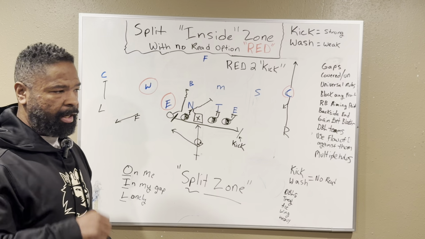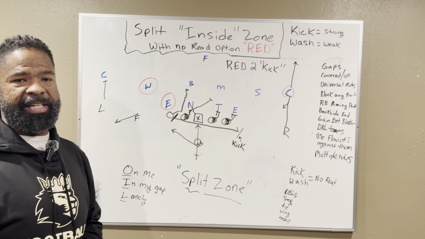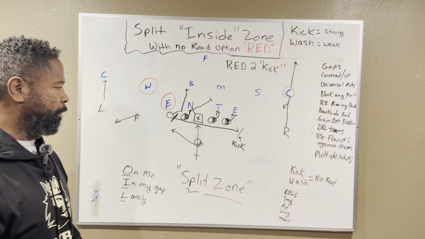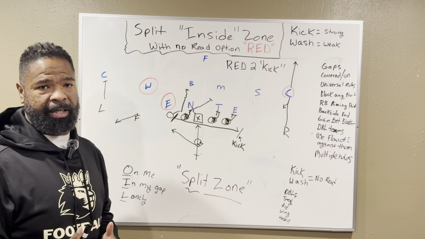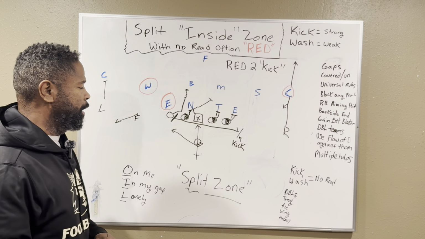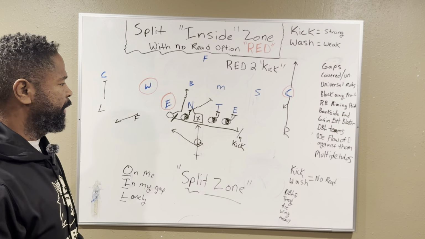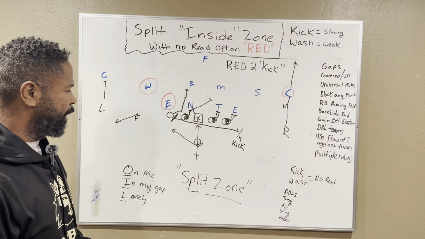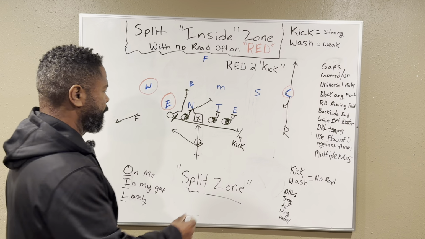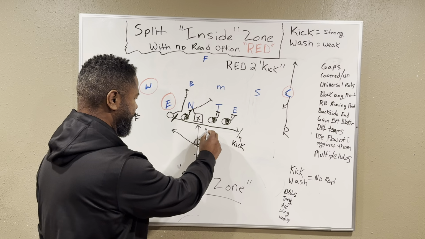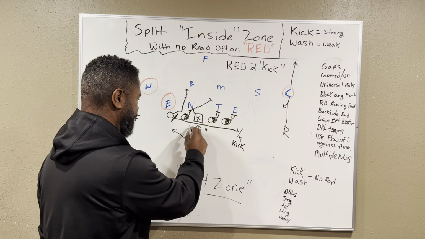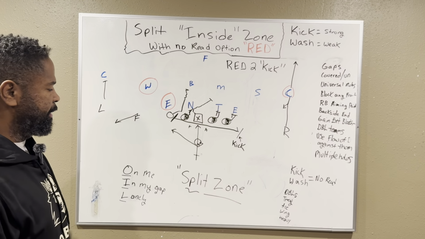And we focus on getting as many double teams as possible. That's the reason why I like the uncovered and covered principle. So let's talk about that really quick. Inside zone, where are we trying to run the football? We're trying to run the football ideally in the A gaps, so either side of the center.